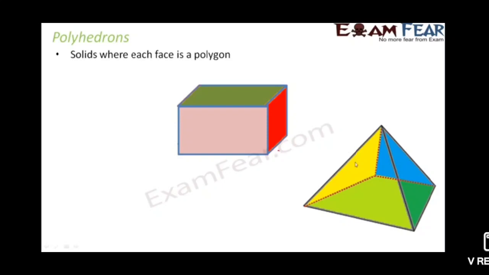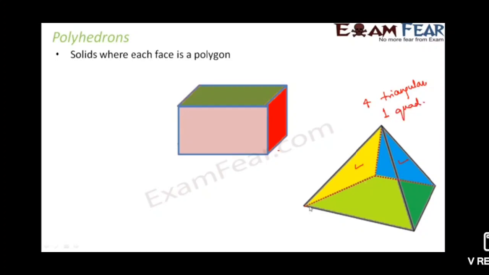A polyhedron means a 3D shape whose faces are polygons. Now see this, how many faces are there? 1 2 3 and 4. Are they polygons? Yes, they are polygons, because they are made up of line segments, and the bottom also. That means 4 triangles and one quadrilateral downside.